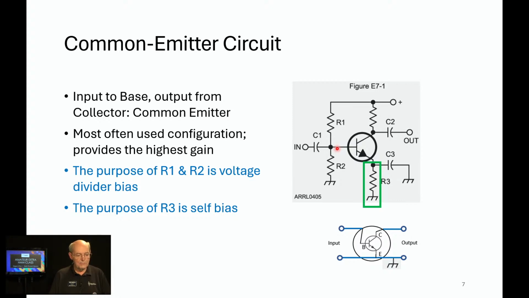We don't want to shut it off completely, but that's kind of a self-regulating device so that as the transistor gets hotter, it conducts harder. That's just a normal part of the physics of transistors. And it's a vicious circle because when the transistor gets hotter, it conducts more, and it gets hotter, and eventually it'll burn out. So that's what this self-bias concept is. It tends to adjust how much current the transistor is conducting.